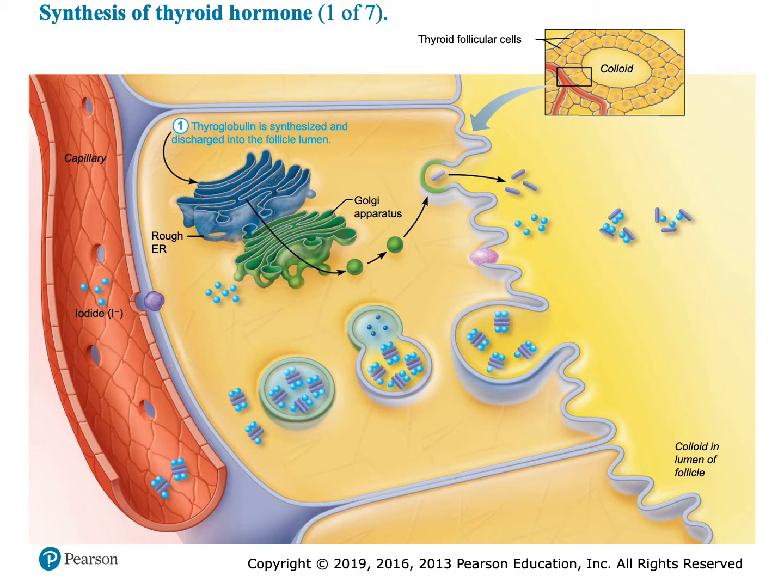Next. Because you have iodine in your diet, it's going to get broken down to iodide. And this is why they add iodine to your table salt, because you must have iodine in order to make your thyroid hormone.